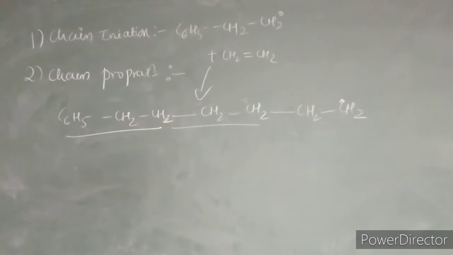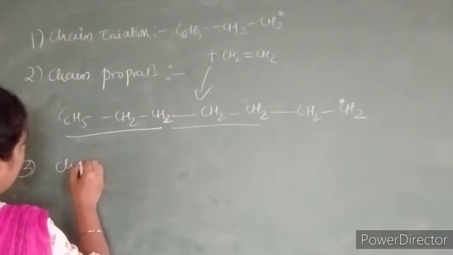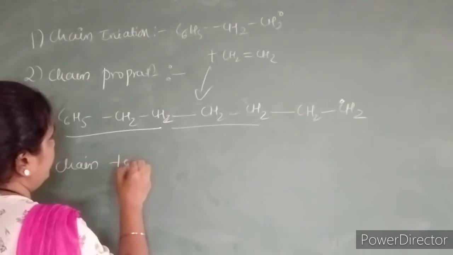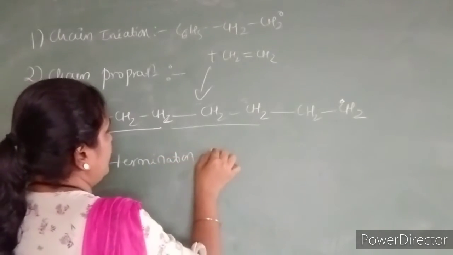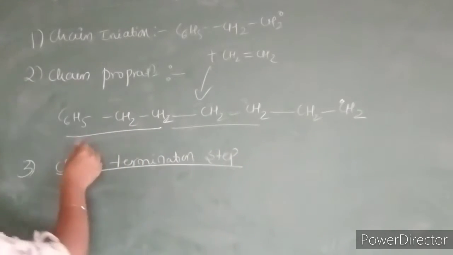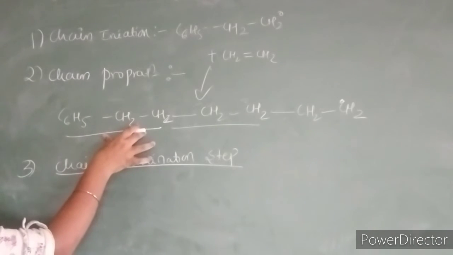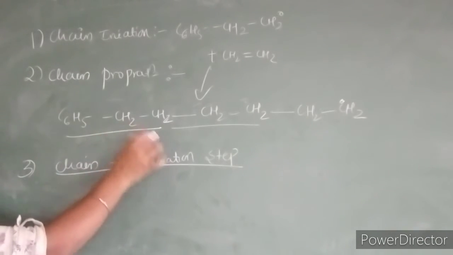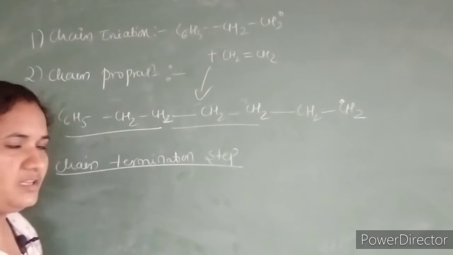That is called the chain terminating step. Here we are going to terminate this chain. In this step, two such molecules interact with each other, and finally they give the formation of a polyethylene molecule.